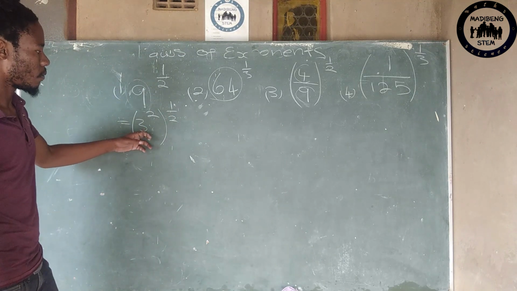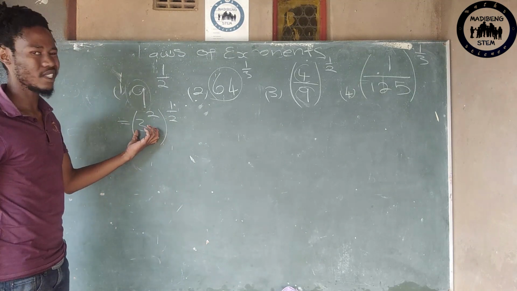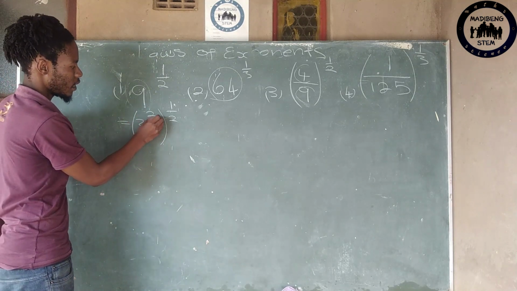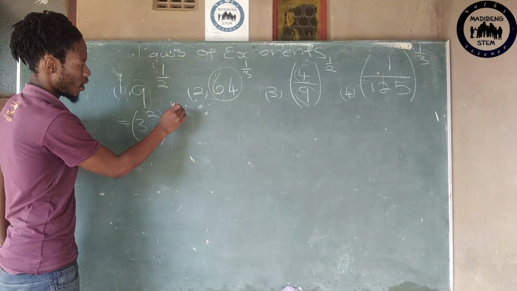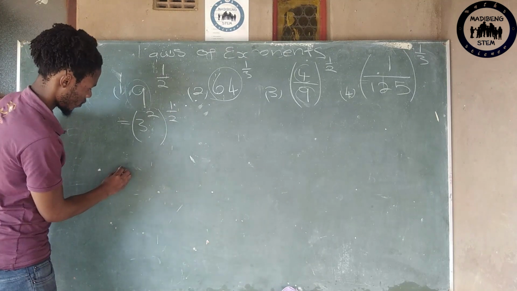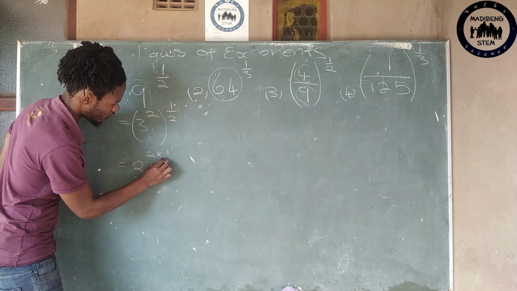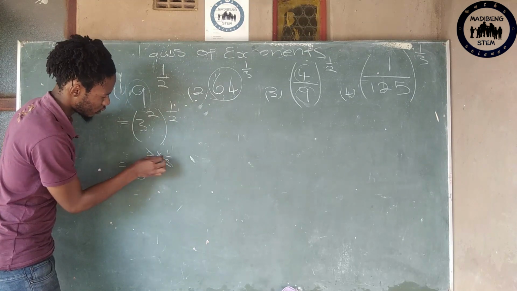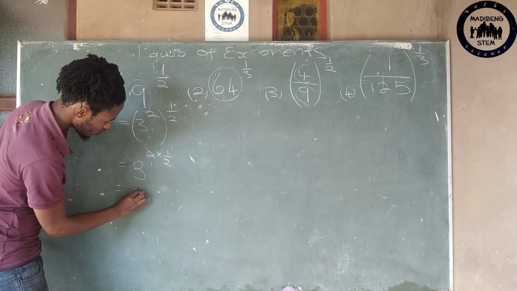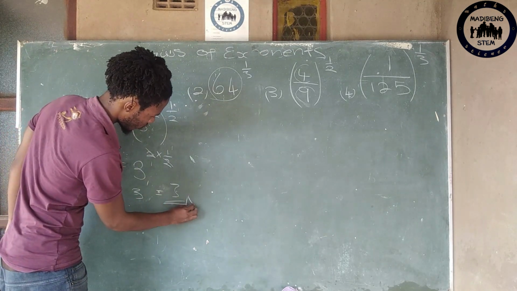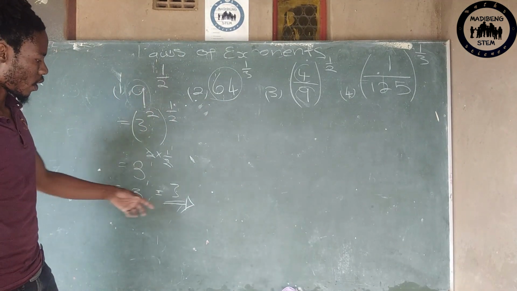You change it into exponential form so that you can multiply this exponent with this outside exponent. 2 multiplied by a half gives us 1. So the answer is 3. 3 to the power 1 is 3.